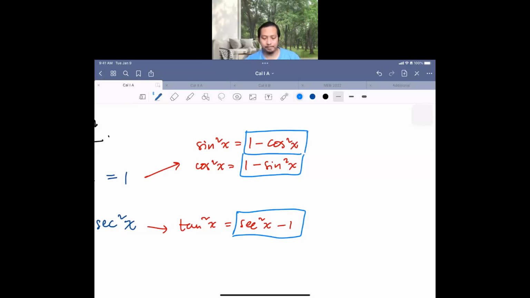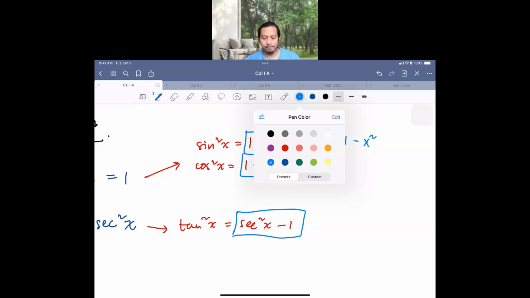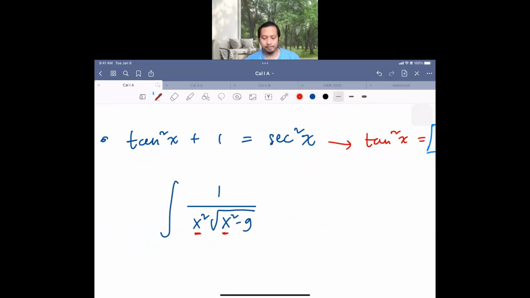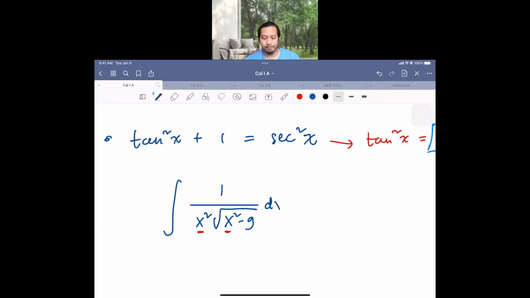So whenever you have 1 minus, let's say, x squared, you can directly think that maybe we can change this x into sine or maybe cosine. And if you see x squared minus 1, perhaps this will be our secant theta. Forget the dx for now.